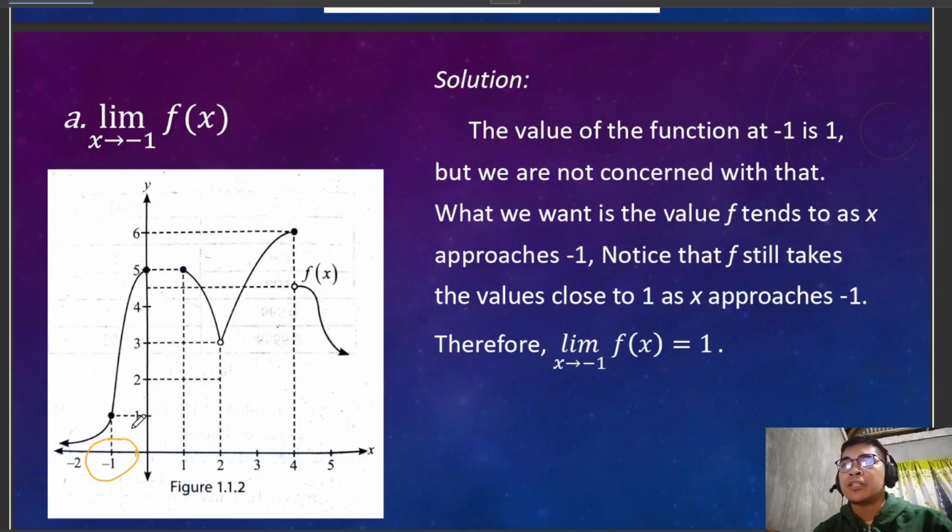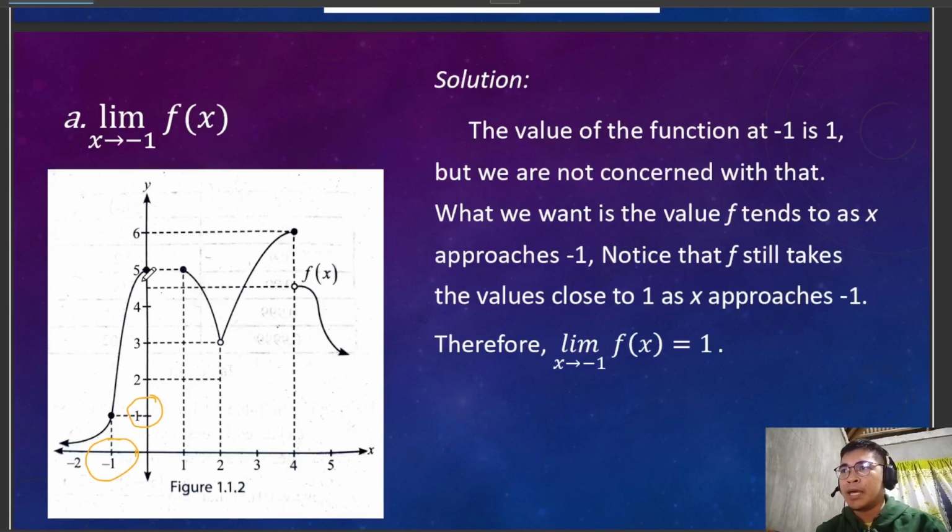The value of the function at -1 is 1. But we are not concerned with that. What we want is the value of f as x approaches -1.